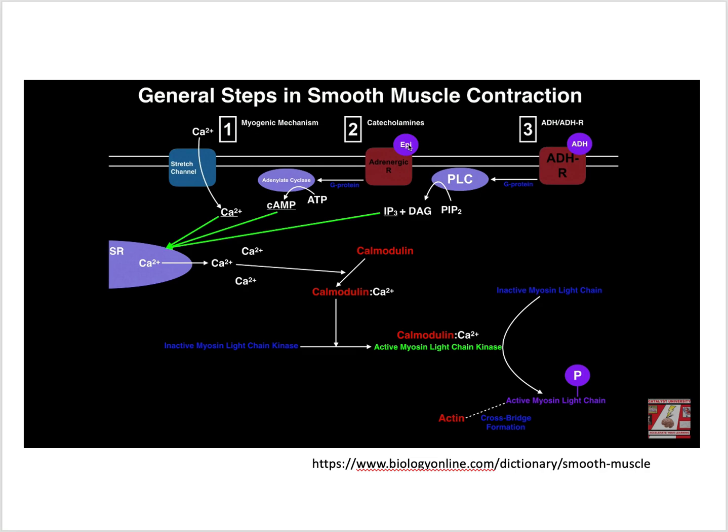So really, I wanted to highlight how we can get smooth muscle contraction initiated through a variety of different ways, whereas in skeletal muscle, it was one way, acetylcholine release, right?